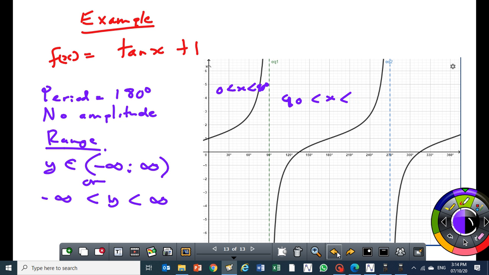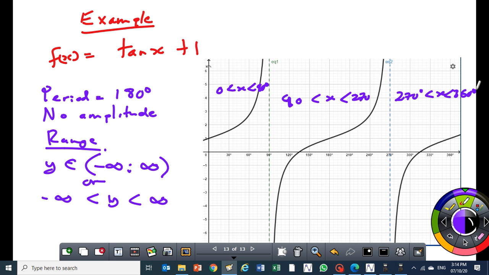And the third interval is between 270 and 360. So if a question asks you to write down values of x such that the graph is increasing, for the tan graph, you have to write three intervals.